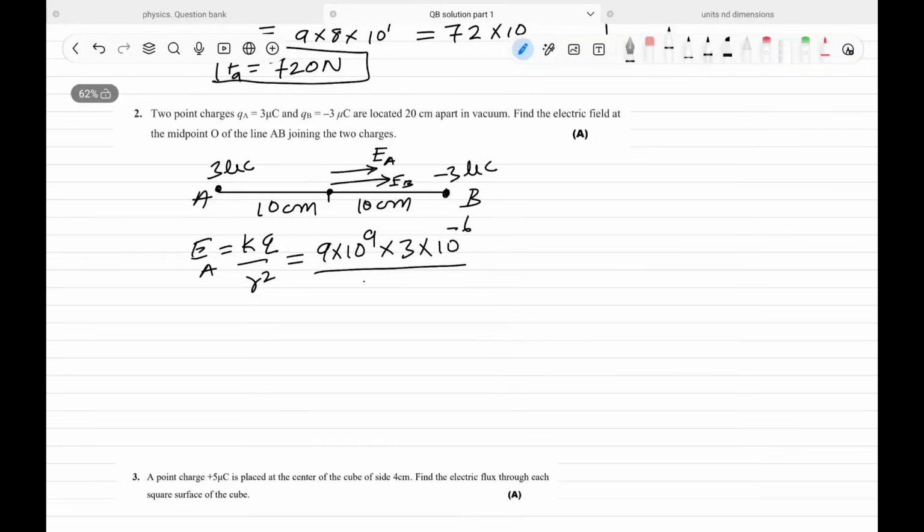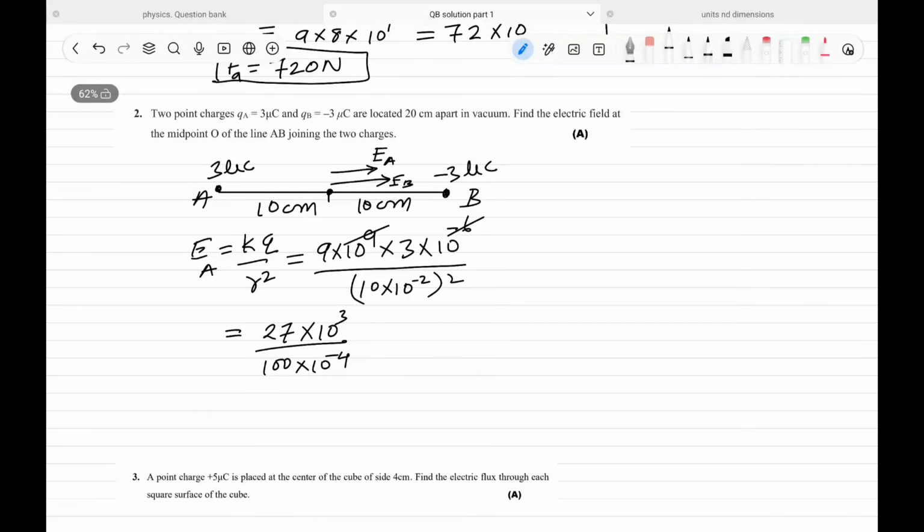Divided by 10 centimeter, 10 into 10 to the power minus 2 whole square. Now 10 power minus 6, and from this 9, 6 will be minus. 9 3s are 27 into 10 to the power plus 3. Divided by 10 square, 100, because 10 centimeter is the distance, 100 into 10 to the power minus 4.